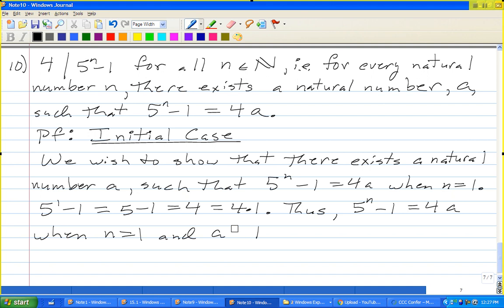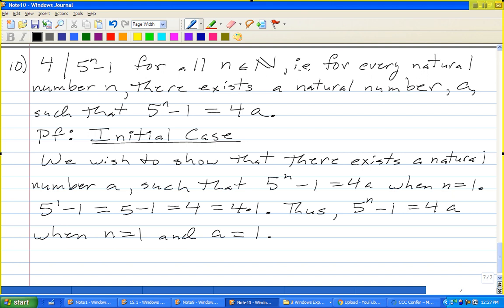So there is some natural number, 1, such that 5^n minus 1 is equal to 4a when n is 1. Okay, so that's the initial case.